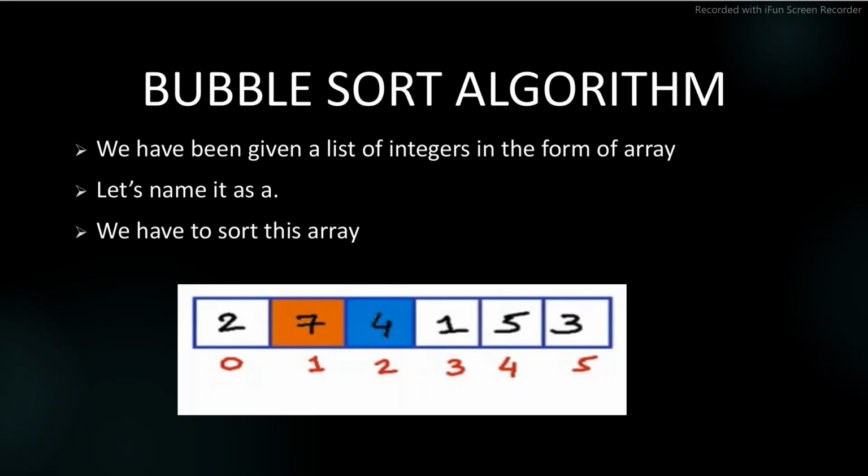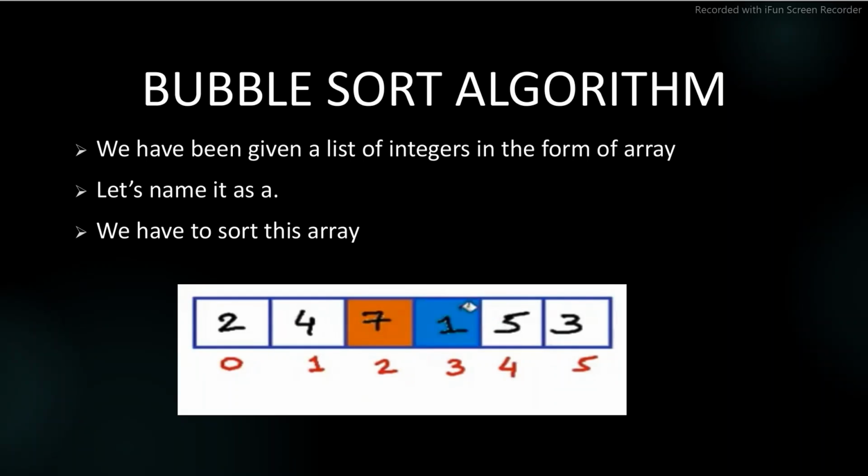Once again, we are comparing the two elements, and if one of them is greater, we will swap them. In this case, 7 is greater than 4, so we are swapping both elements. So 7 will move to index 2 and 4 will move to index 1. Next, we will go to index 2.